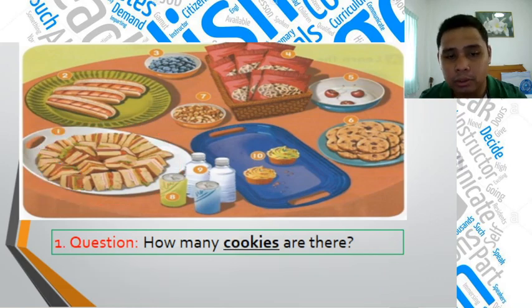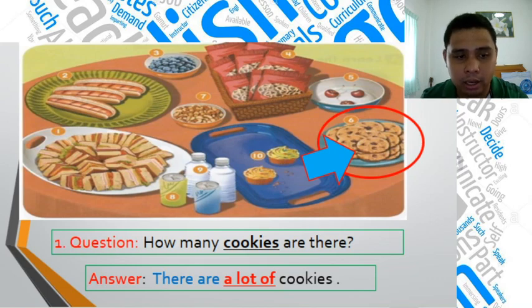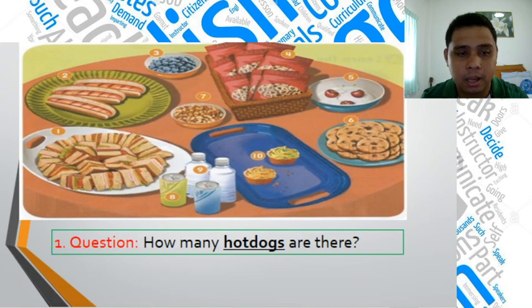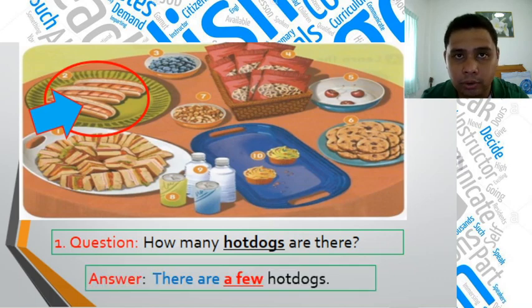Next, how many cookies are there? There are a lot of cookies. How many hot dogs are there? There are a few hot dogs. Okay?